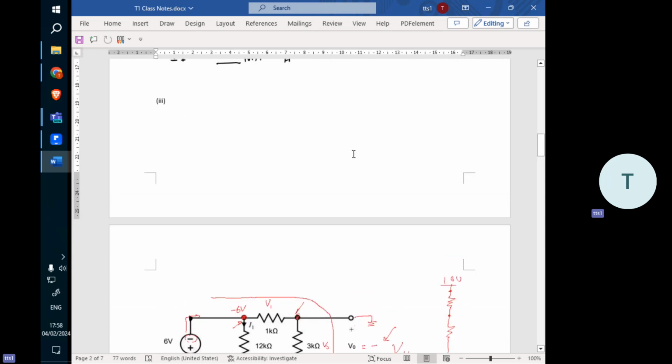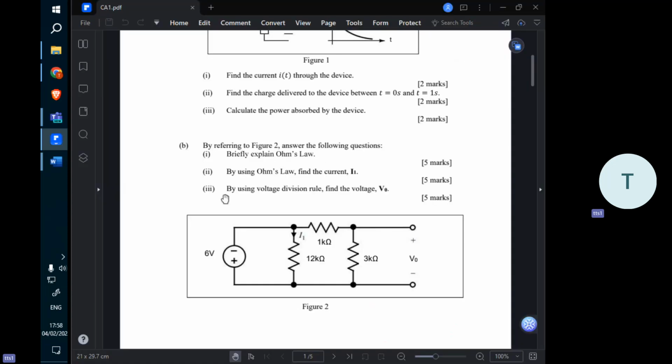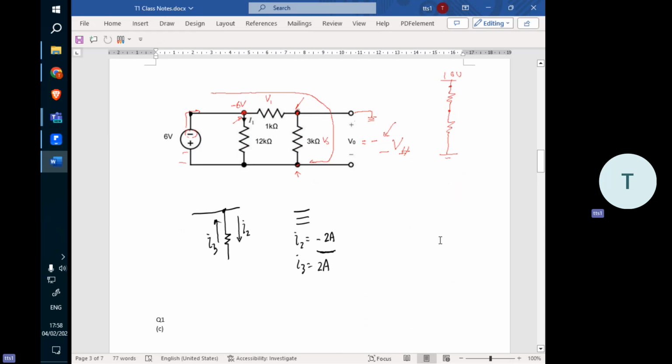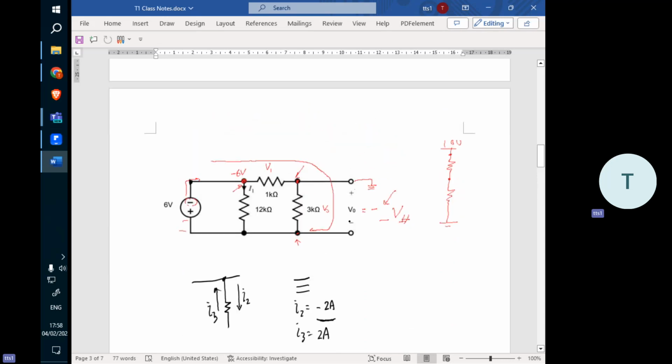And then part 3, find the voltage division. I already showed you previously. This is voltage division. What we mean is, let's say you have 10 volt here, and let's pick a good number. Let's say you have 8k here, and a 2k here.